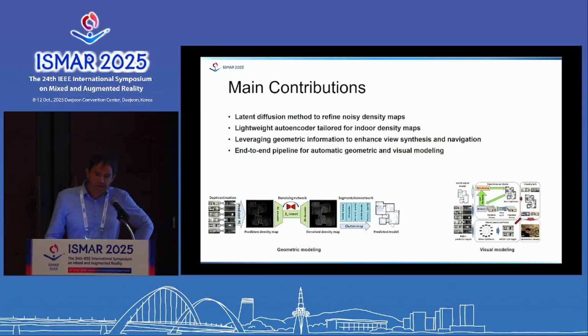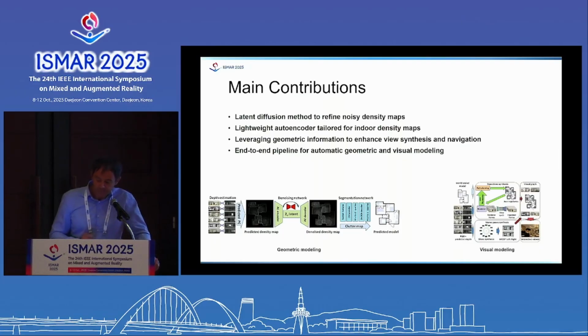In terms of technical contribution, we introduce a novel latent diffusion method to refine the noisy density maps. We also introduce a novel lightweight autoencoder that is tailored to collect the indoor priors in order to provide encoding and decoding support for the denoising part.